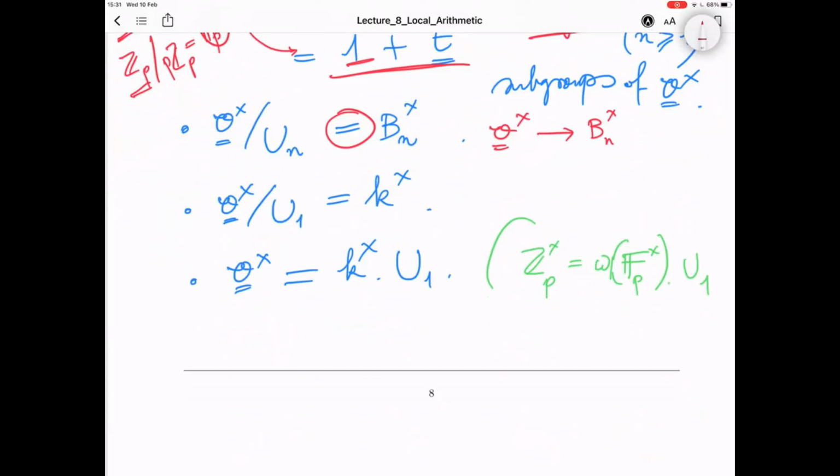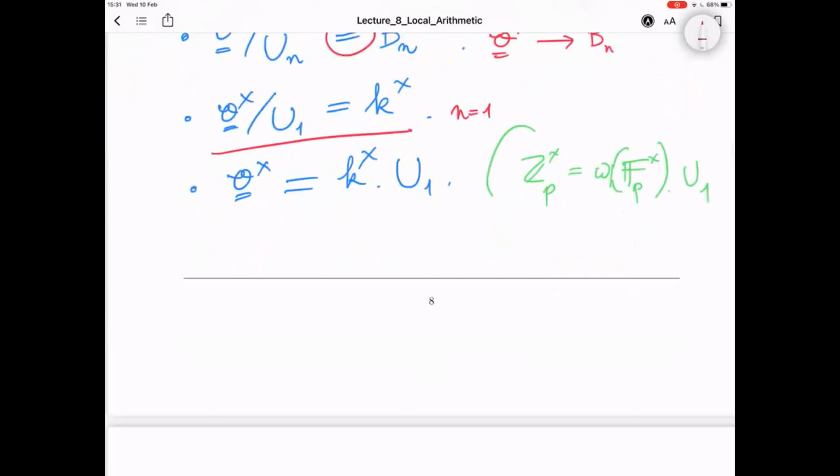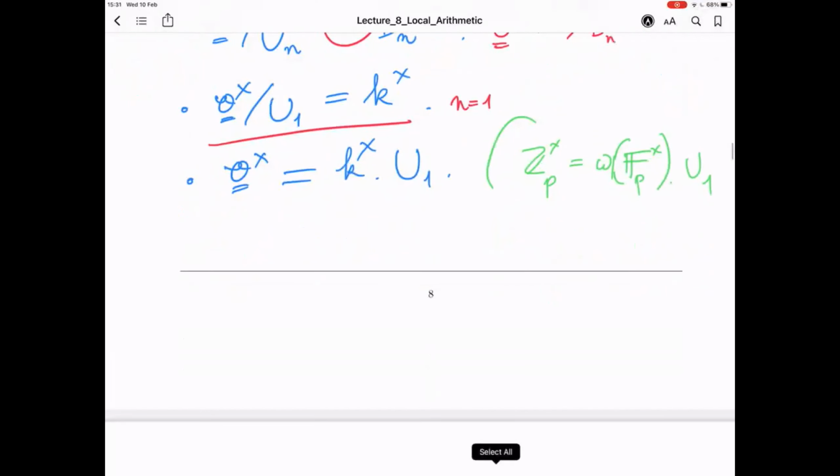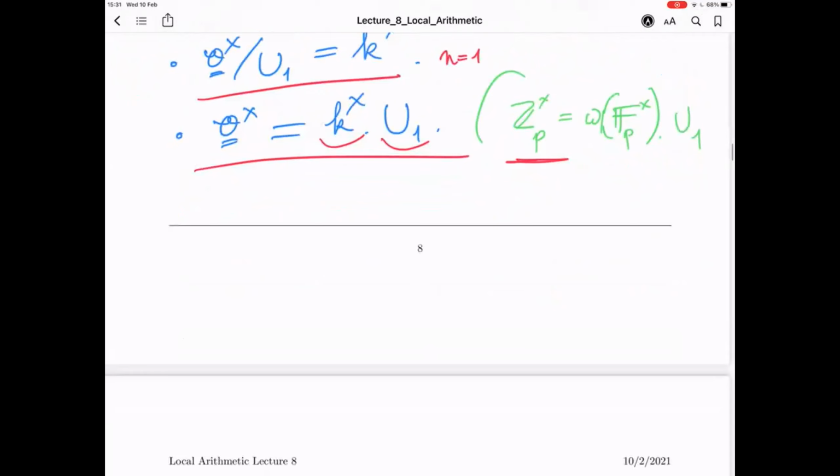And the special case n equal to 1 is this, and of course every unit can be written as a non-zero element of k times an element which goes to 1 under reduction modulo T, right? So this is supposed to be analogous to the fact about Zp star.